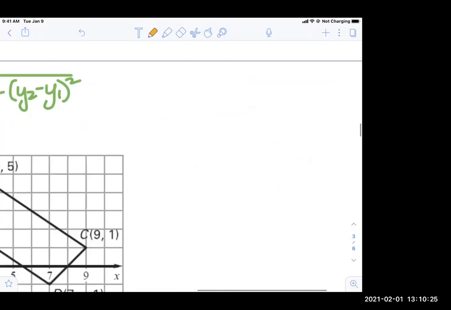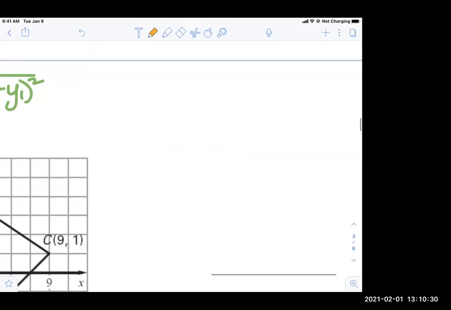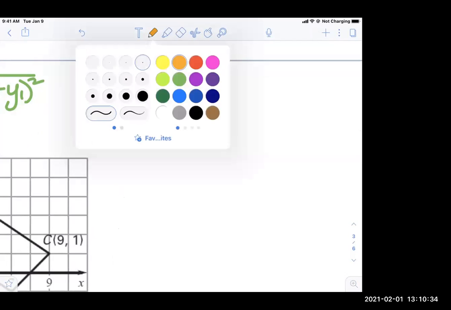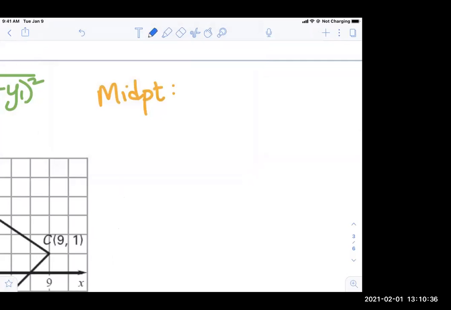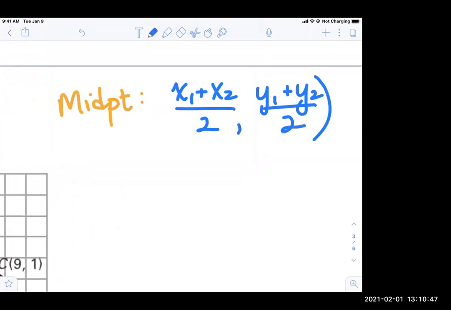And then hopefully it's obvious that if you're trying to find a midpoint, you'd be using the midpoint formula. Remember, the midpoint formula is average the x's, so x1 plus x2 divided by 2, and then y1 plus y2 divided by 2.